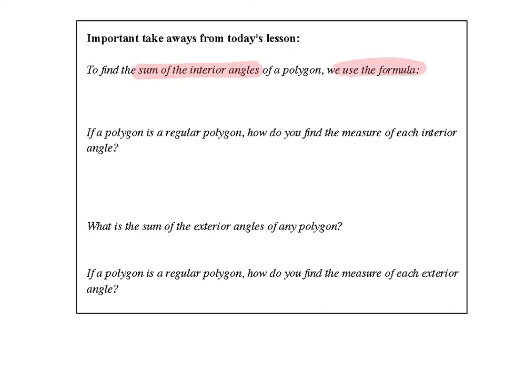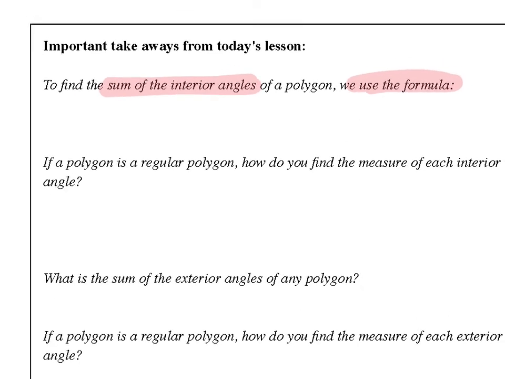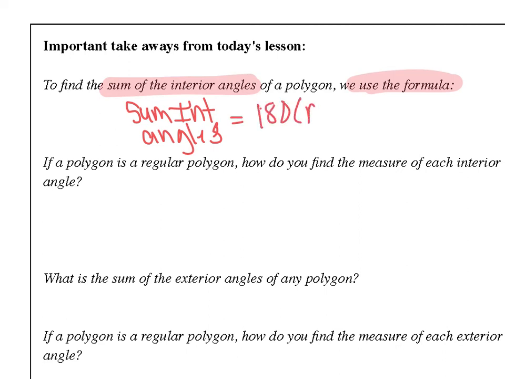Our formula, okay, and I always like to write it as an equation, not just 180 times n minus 2, so I know what I'm finding. I'm finding the sum of the interior angles equals 180 times n minus 2. So that's our first formula we use if we're finding the sum of all of the angles.